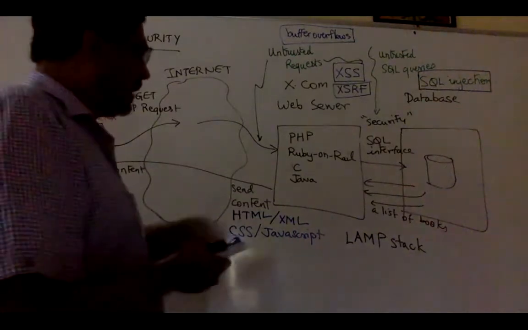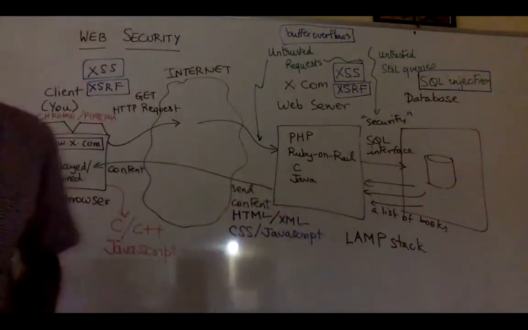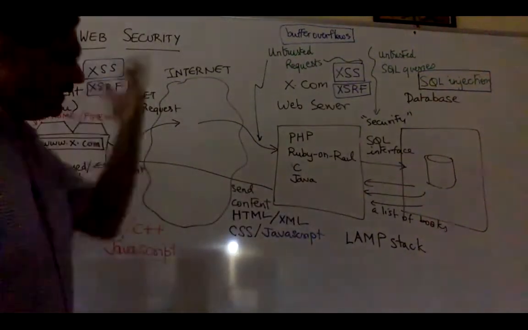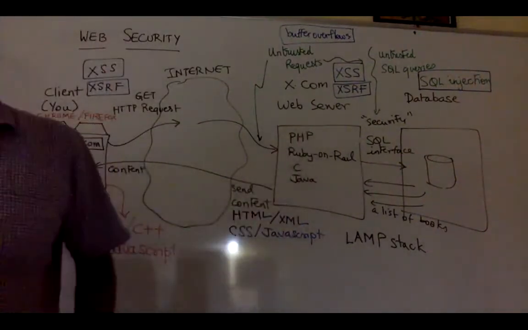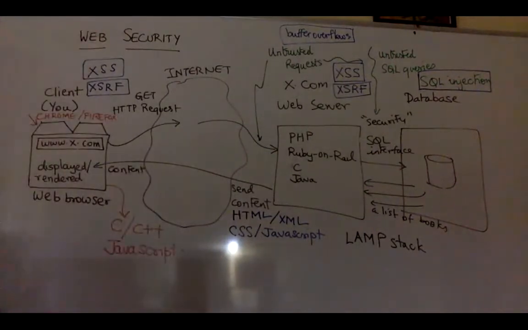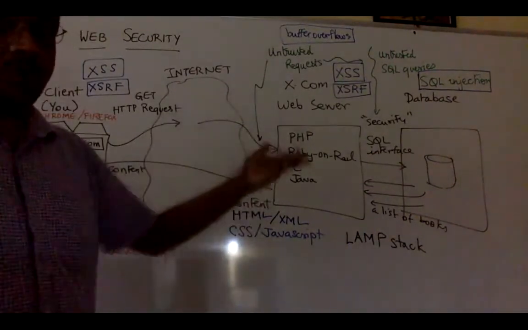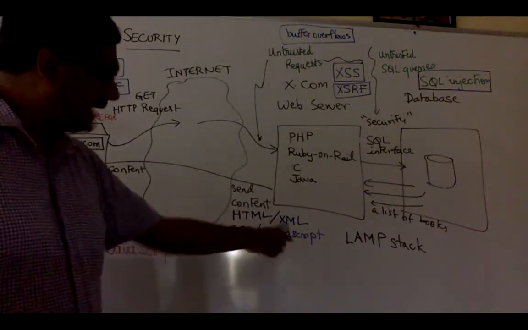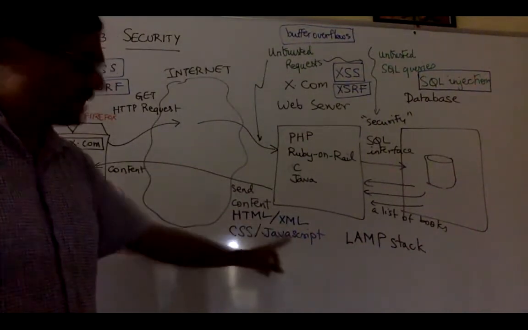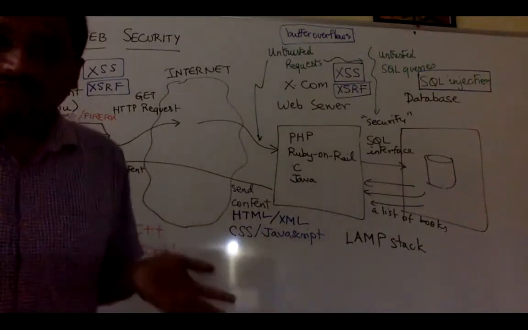The web server is a very funny entity, right? It's a very funny entity because even though it is written in a language like PHP or Ruby on Rails, it is actually generating code. If you think about it, it's generating HTML, it's generating XML, it's generating cascading style sheets and JavaScript, which are in fact code.